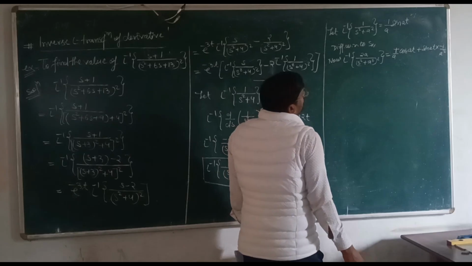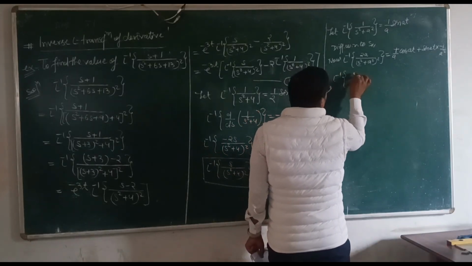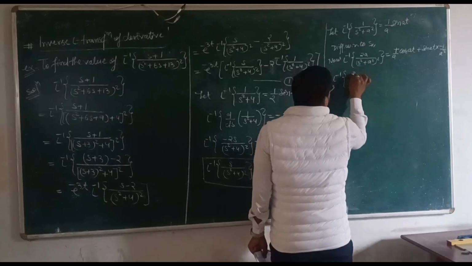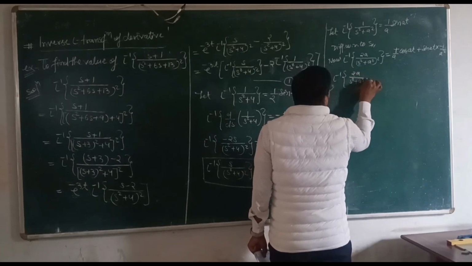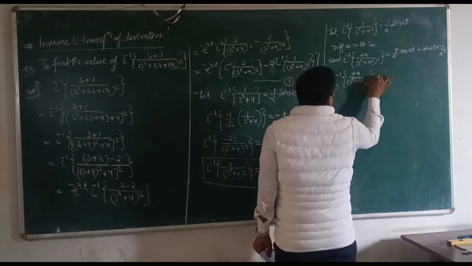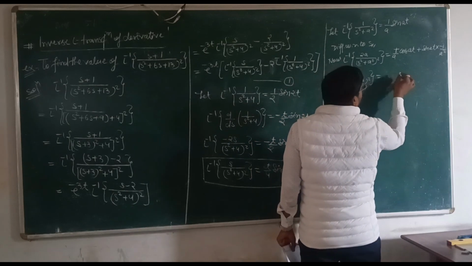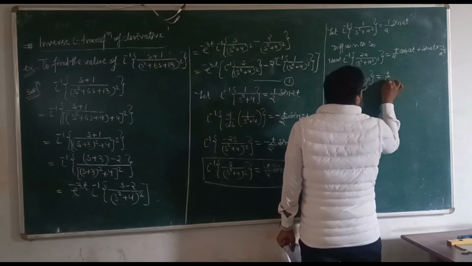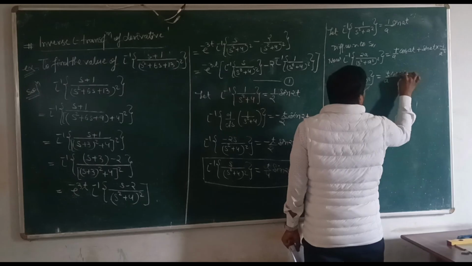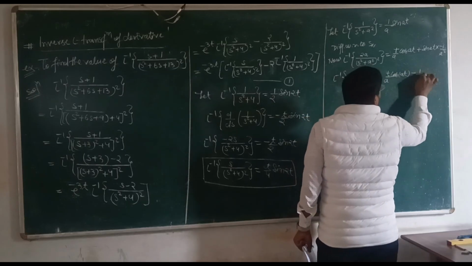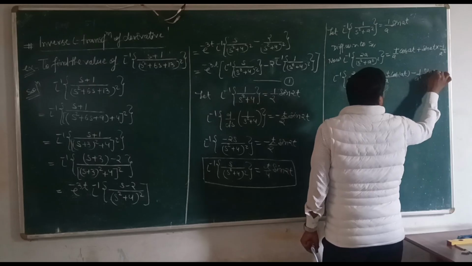Now, L inverse of 2a upon (s square plus a square) to the whole power 2 is equal to t upon a cos at minus 1 upon a square sin at.